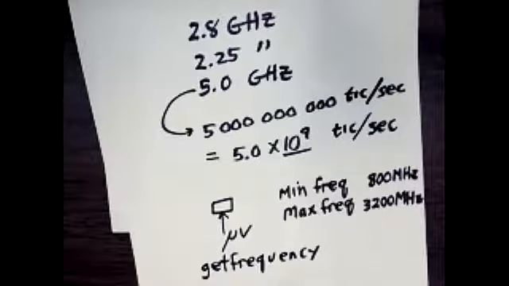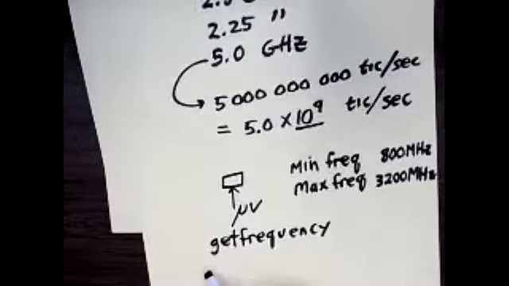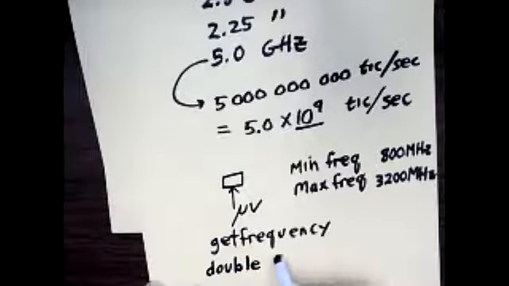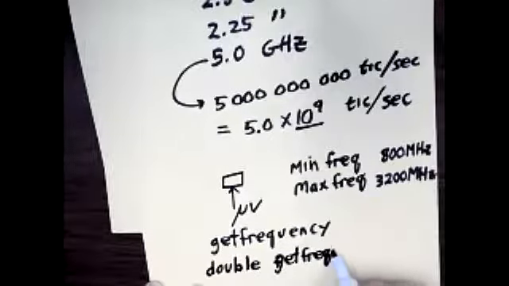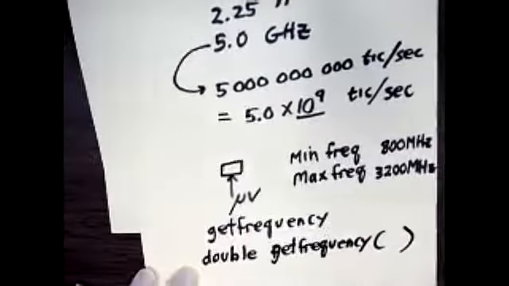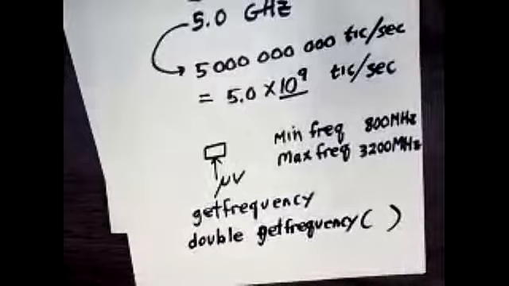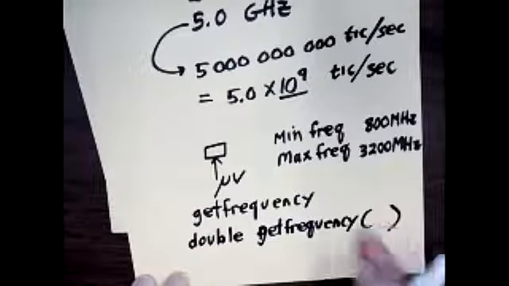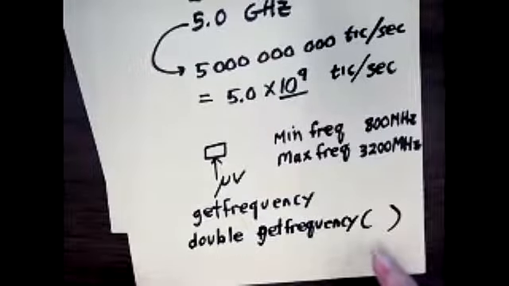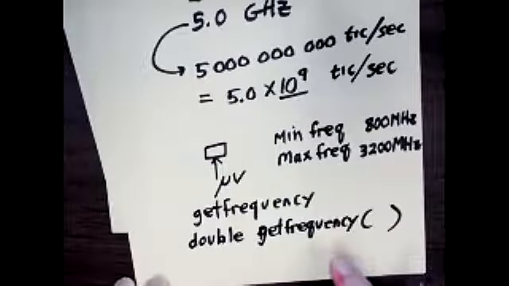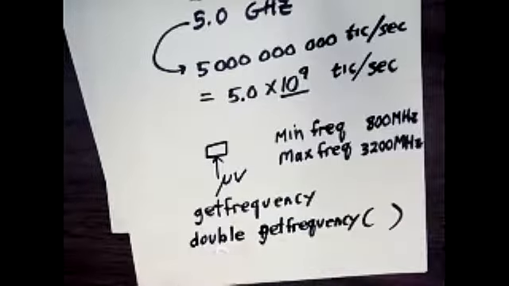You need one of those functions, and its prototype looks like, as far as I know, they all work: double get frequency. No parameters needed. So with no parameters, there's basically no setup to get this frequency. And it'll give you a float number.